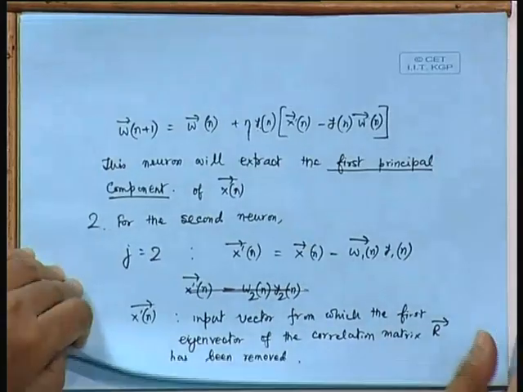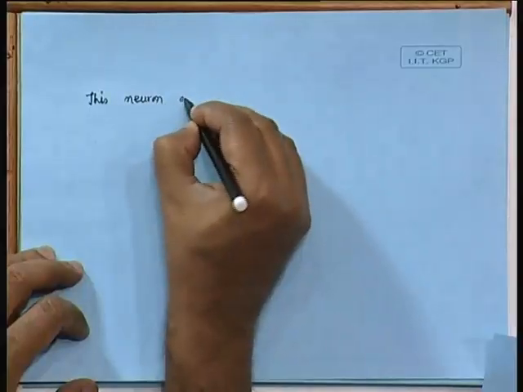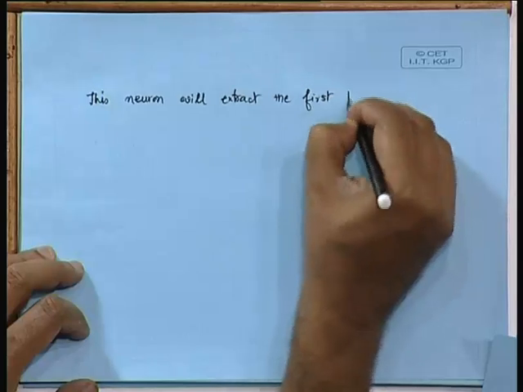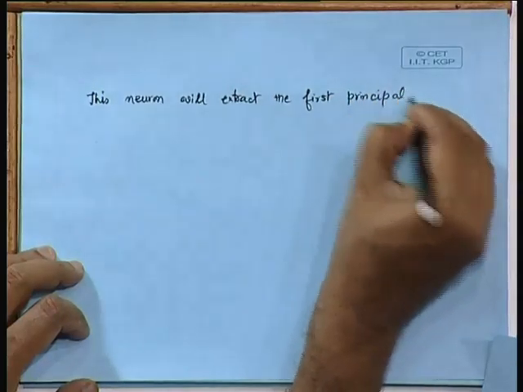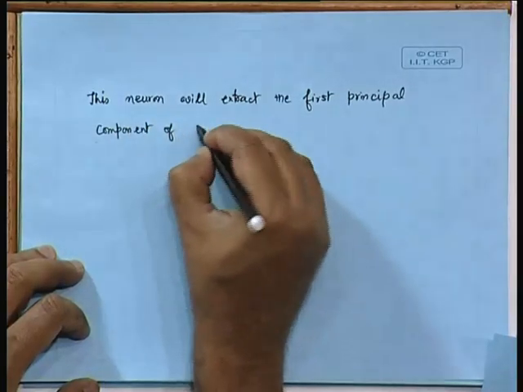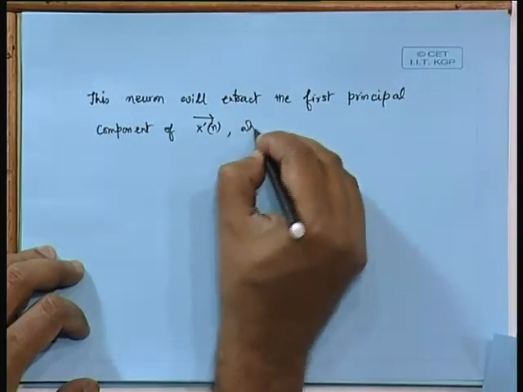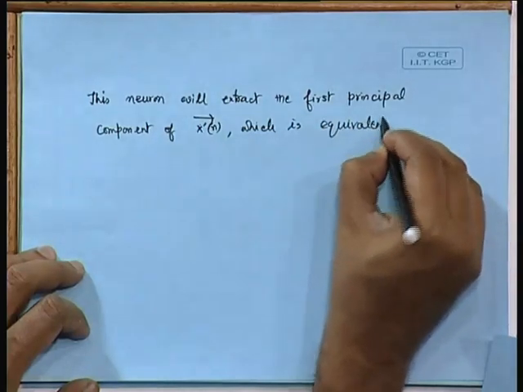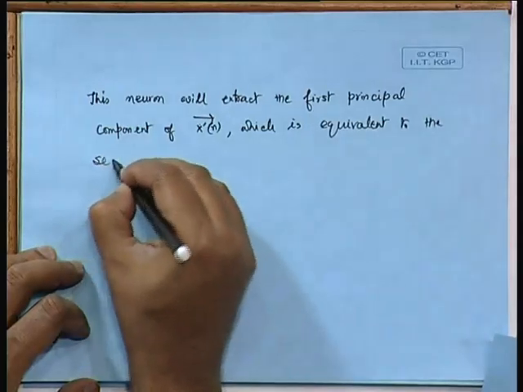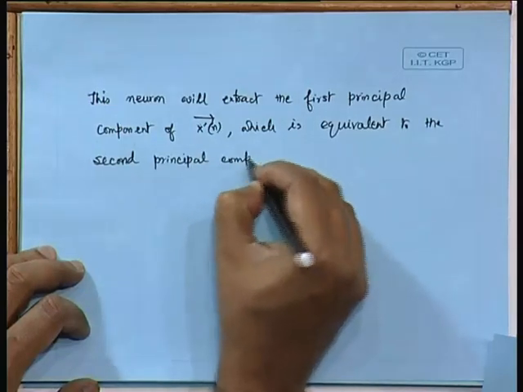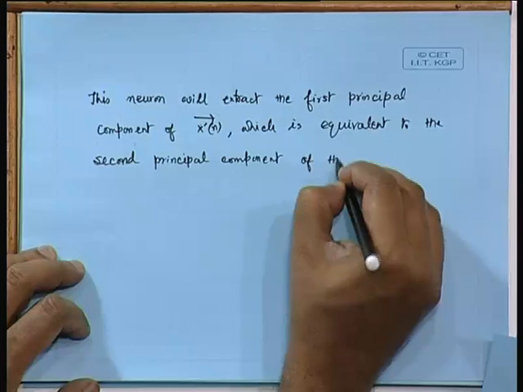So, here this neuron will extract the first principal component of x prime n, which is equivalent to the second principal component of the original vector x n.